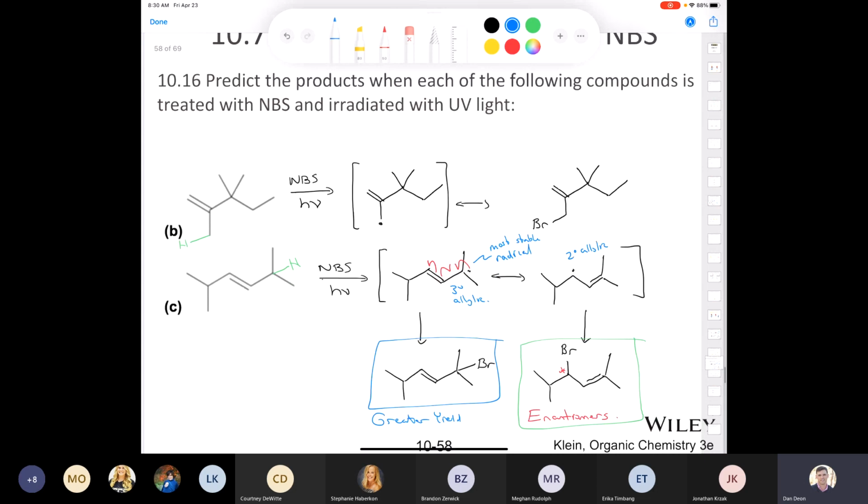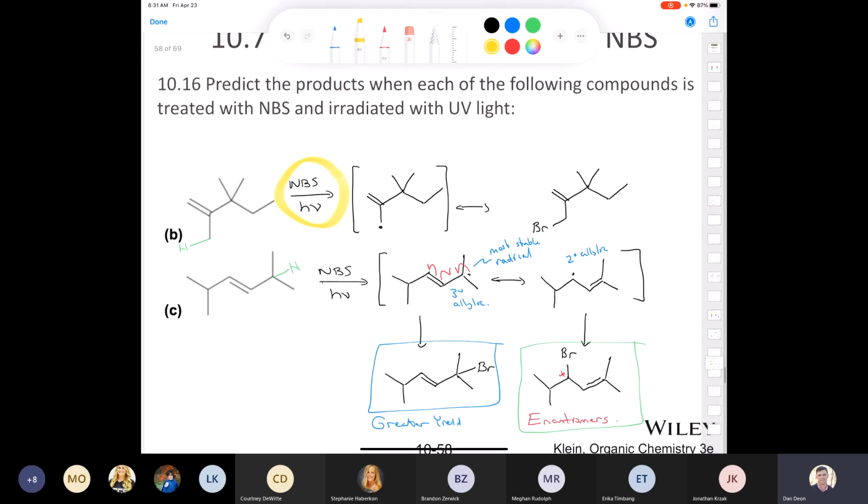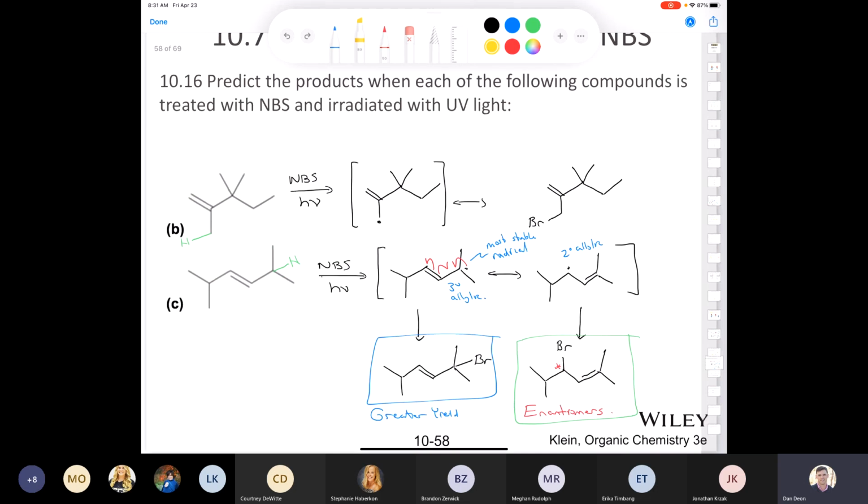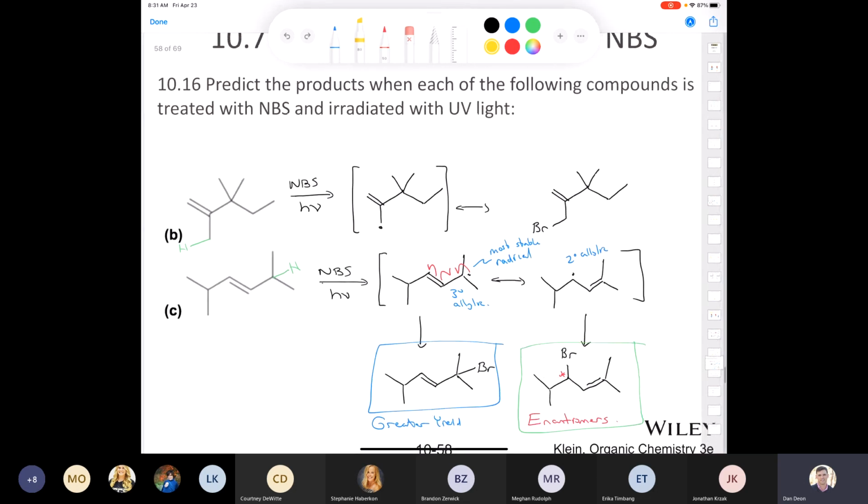One quick note of just interest, for any of my students who are interested in writing the MCAT exam, allylic bromination is one of those reactions they love to bring up. It's just kind of a dark horse. It's a bit of a chestnut that you don't look at a ton after this chapter.